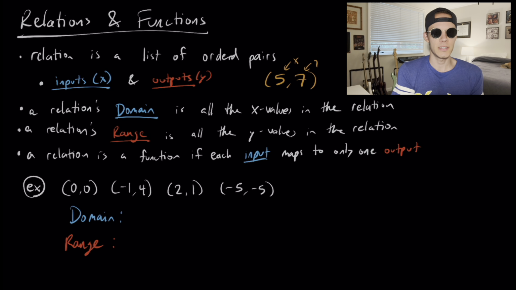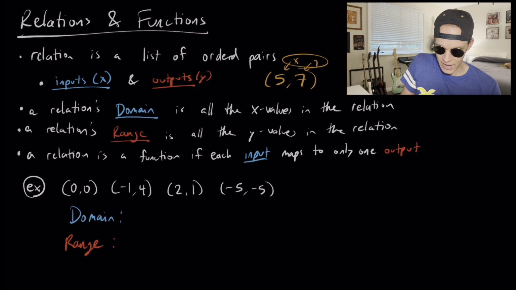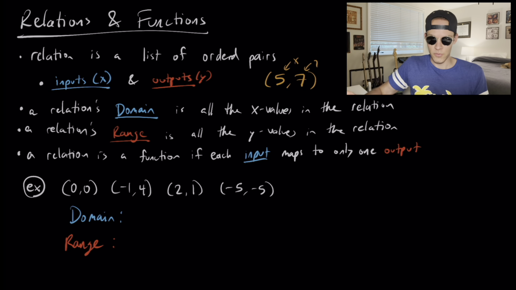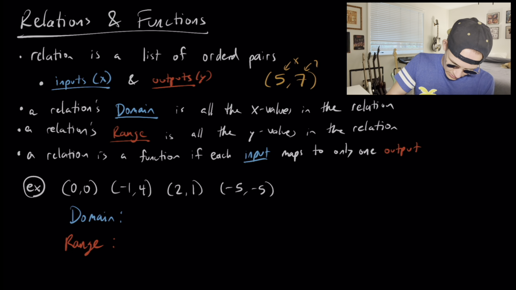So let's do this example and we'll hit those key points, so kind of illustrate the idea here. So here I have a relation. Remember, a relation is just a list of ordered pairs, and each ordered pair has an x value and a y value. So let's write out our domain and range for this relation. So our domain, I'm just going to take all of our x values here.